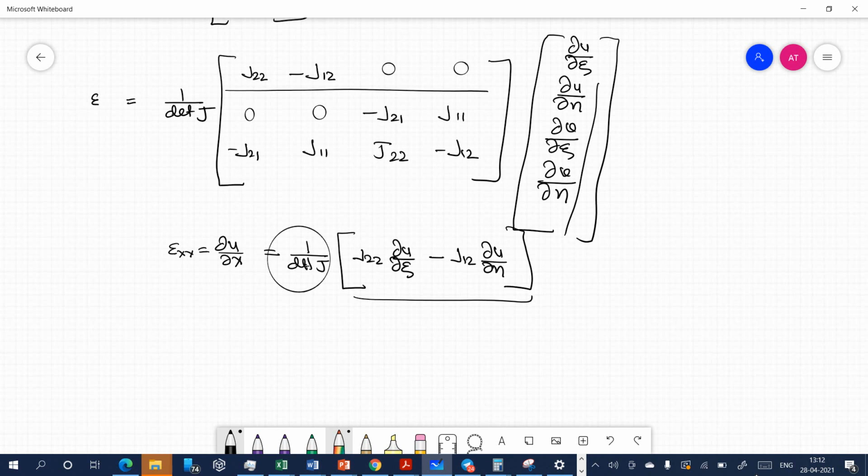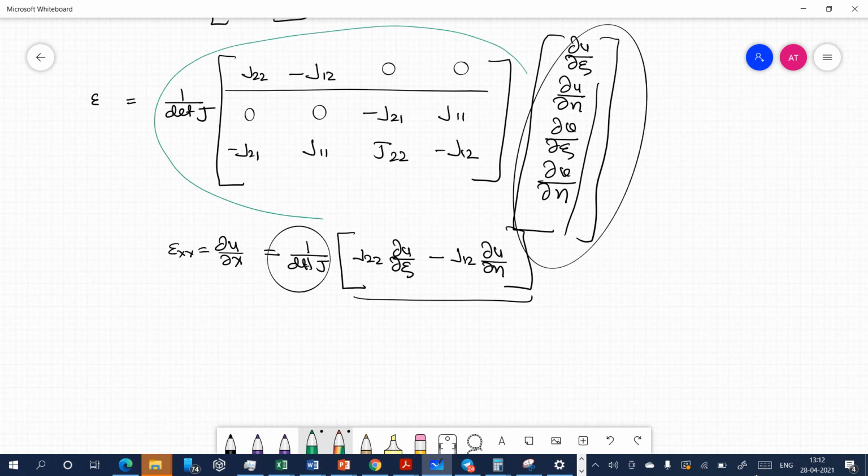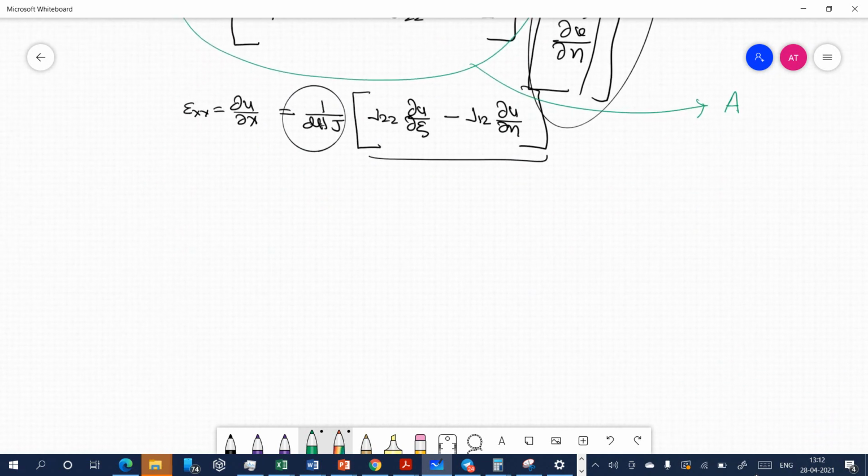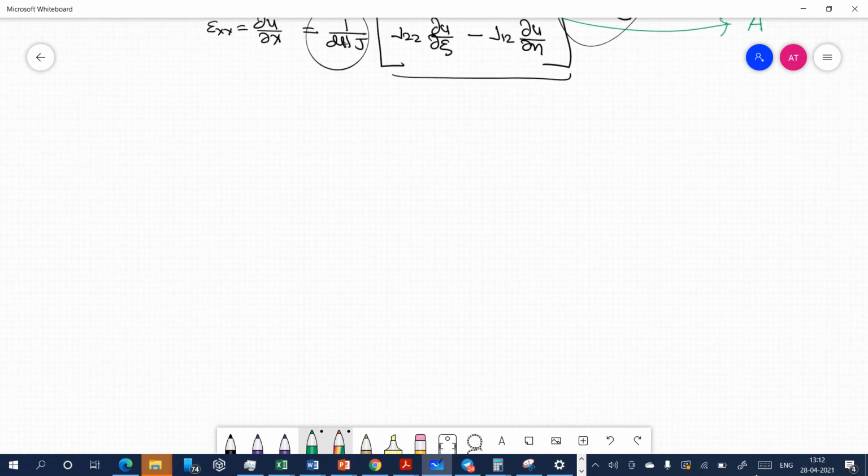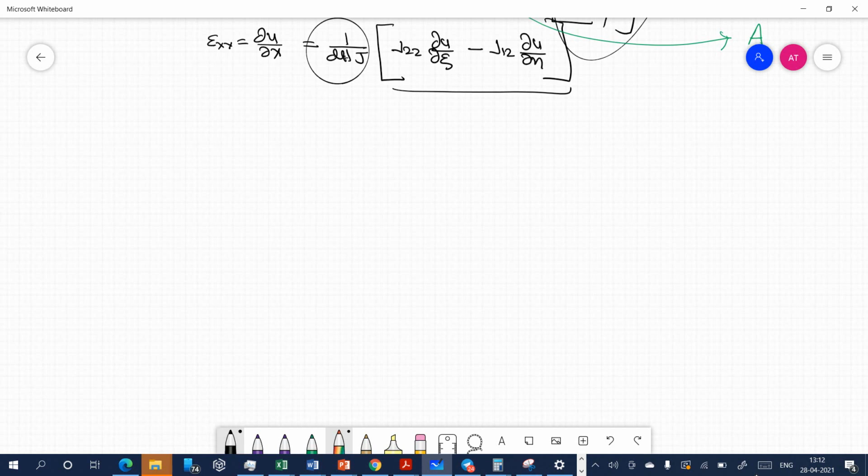Now the term which we have to deal with is this. Okay, and this part is the A matrix. Okay, so this part is the A matrix, and now what do we have? We have strain tensor as A matrix.